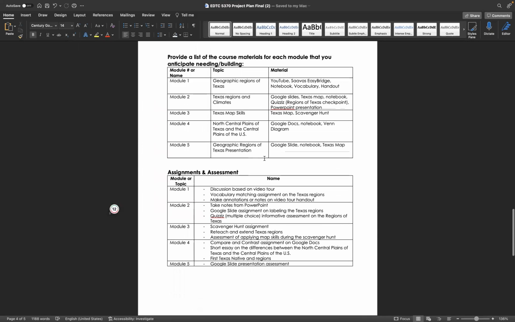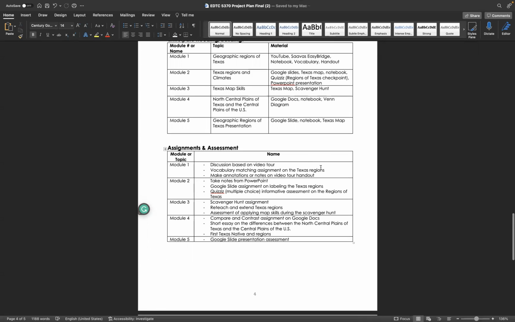All of this really just reinforces everything that we did. Most of the materials I used were YouTube, Savvas, EasyBridge, the writing notebook to record notes or information, a handout, and Google Slides. I used PowerPoint, but they used Google Slides, as well as the Texas map.